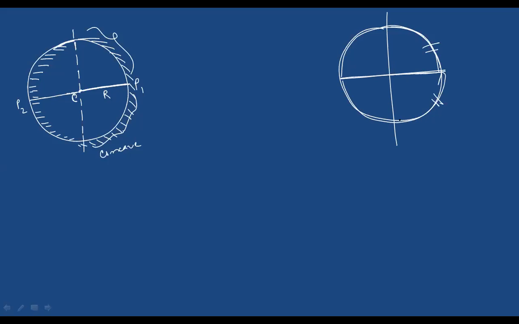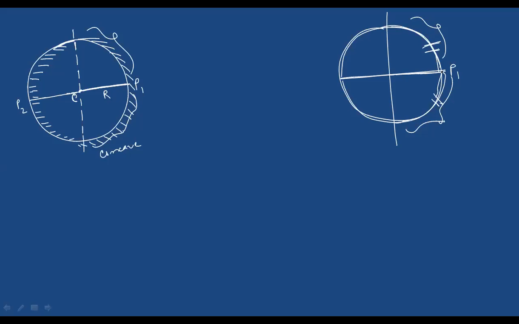This is known as an arc. This arc is divided into two equal parts. Suppose it cuts this arc at P1, then P1 will be the midpoint of this arc, and this arc is known as the concave mirror.